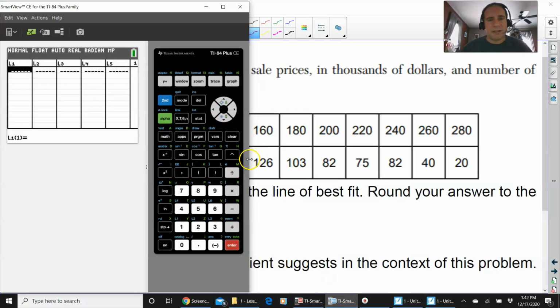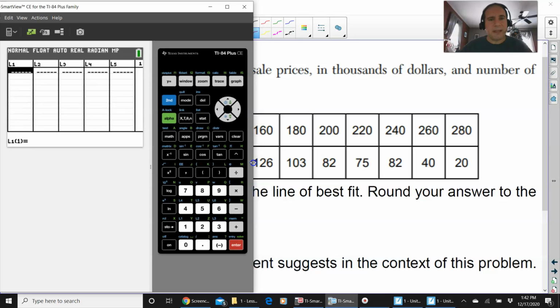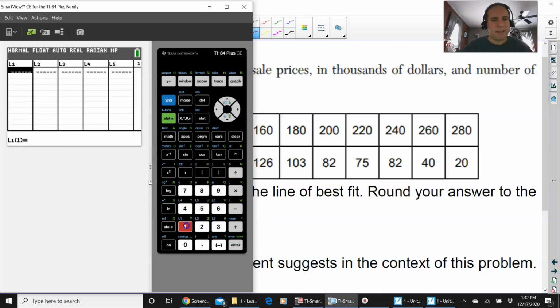So I'm just going to bring this up, and the first number I'm going to put in is 160,000. All right, you could do this with me, 160,000. All right, then the next X, I'm going to put 180,000. And then 200,000.